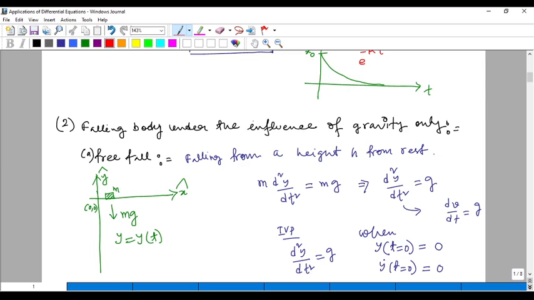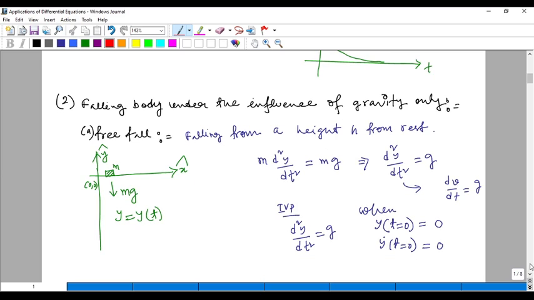The second is the retarded fall, that is, the body falling in the presence of some frictional or viscous force. We will discuss the first situation, a free fall of a body under the influence of gravity in the absence of any kind of resistance force. We are not discussing any kind of resistance in the motion.